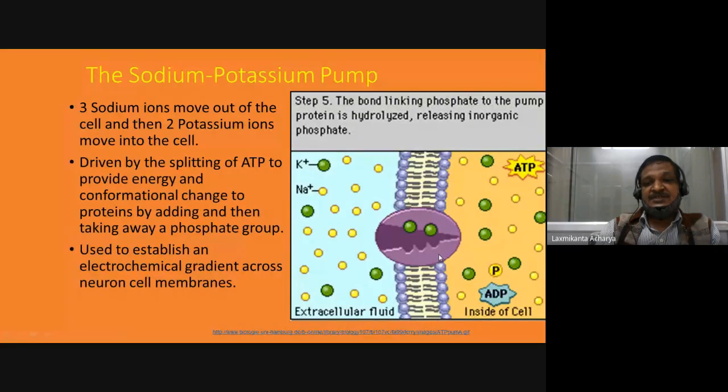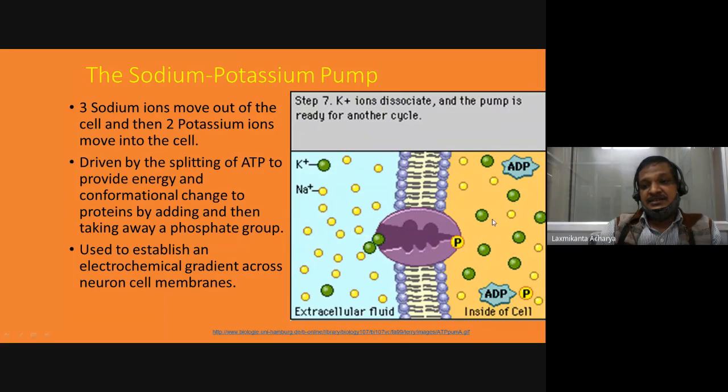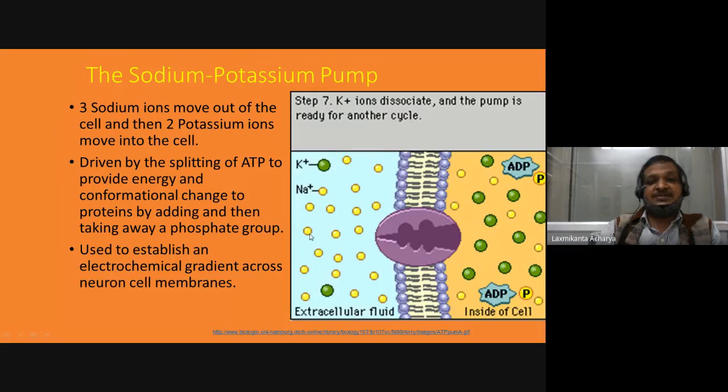In this carrier protein you will find two kinds of conformation. See here, these potassium molecules are moving from this side to this side, and these sodium molecules are coming from this side to this side. This is inside the cell, this is the extracellular fluid.